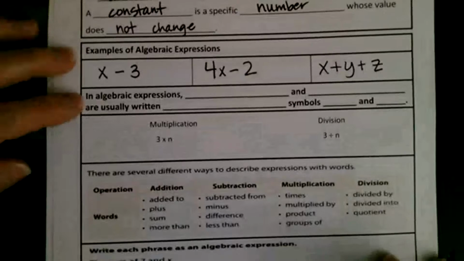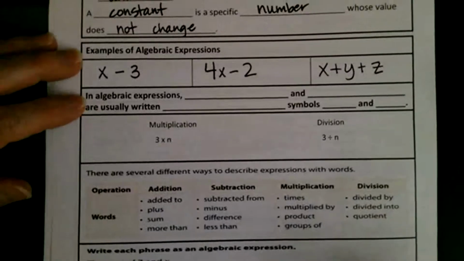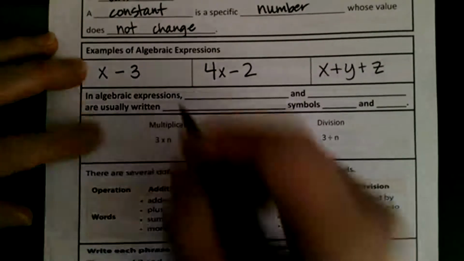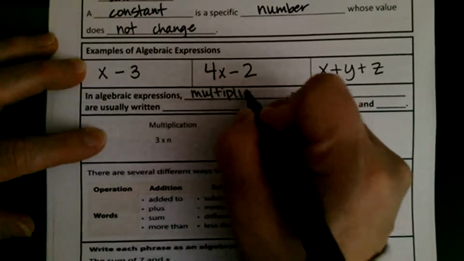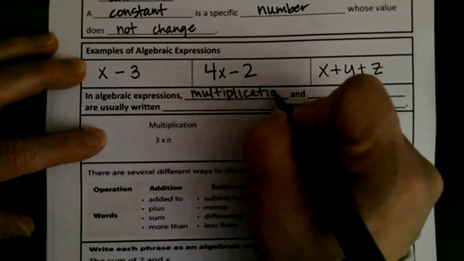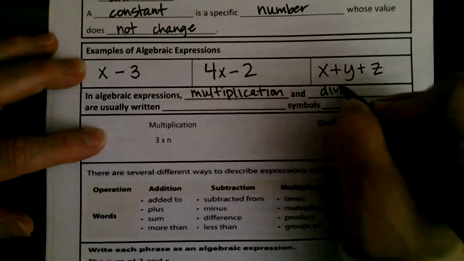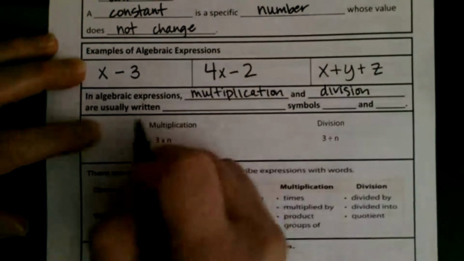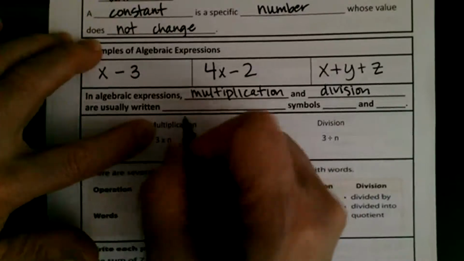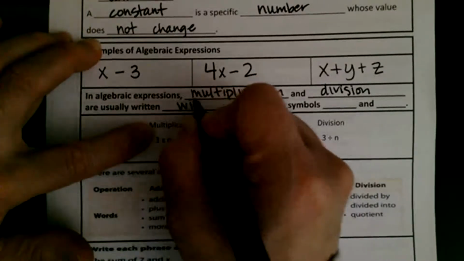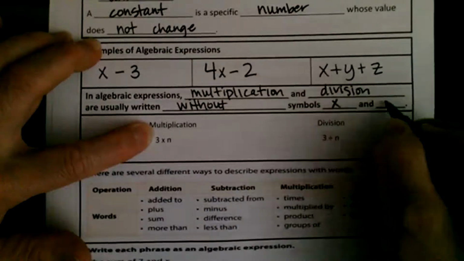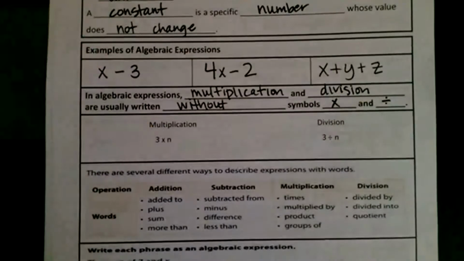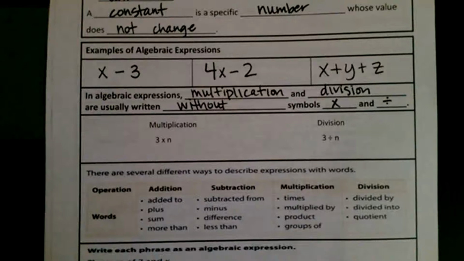So in an algebraic expression, when we write the operations, multiplication and division are usually written without these symbols, times and divided by. We're no longer going to use those.